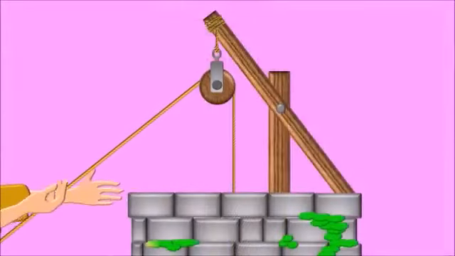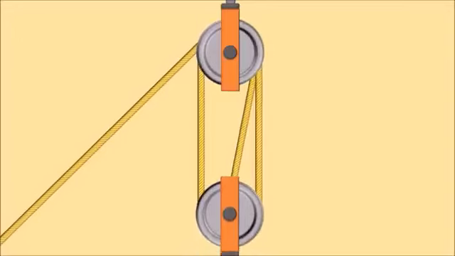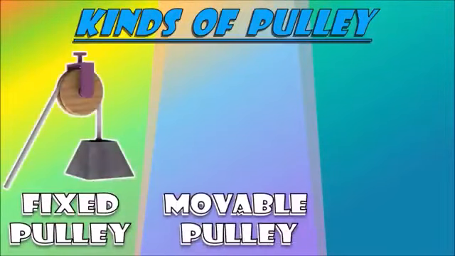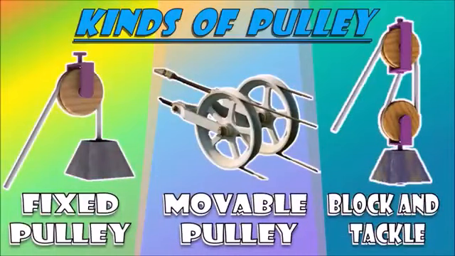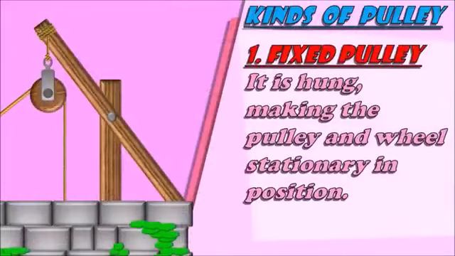Before showing you some examples of pulleys, let me tell you that there are 3 kinds of pulleys. These are fixed pulley, movable pulley, and block and tackle. A fixed pulley is generally hung, making the pulley and wheel stationary in position.